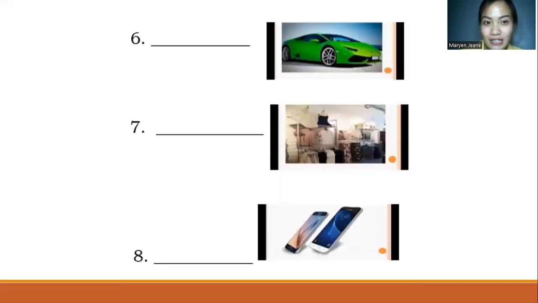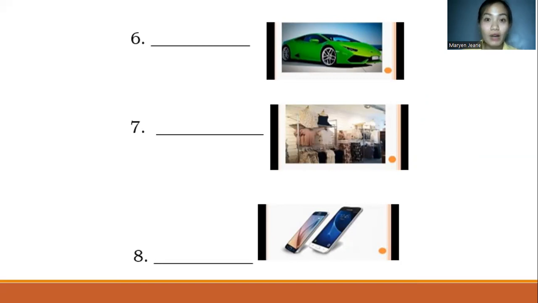Let's proceed. We have still another number. Number 6, the picture shows a car. Is it a want or a need? Number 7, the picture shows some clothes. Is it a want or a need? Number 8, the picture shows a mobile phone.